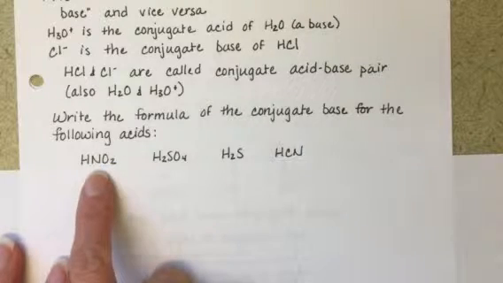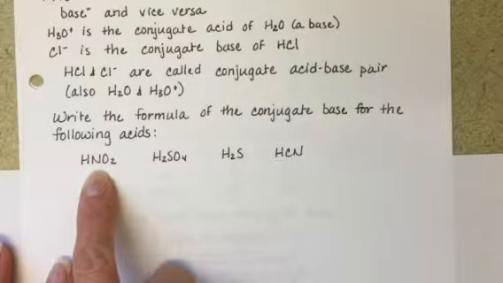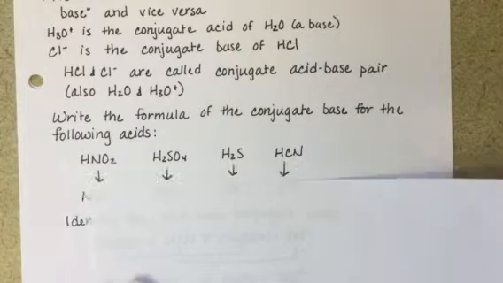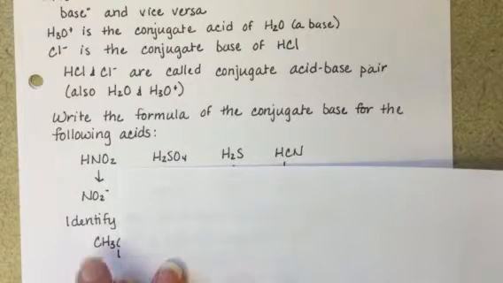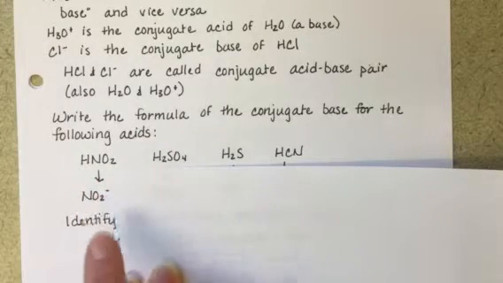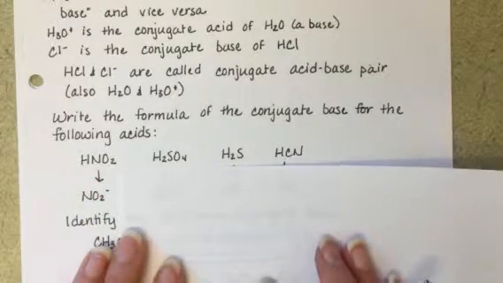That means that the conjugate base of each of these substances will have lost a hydrogen and lost a positive charge. So HNO2 is going to turn into NO2-. It lost its hydrogen and its charge decreased by one positive magnitude.